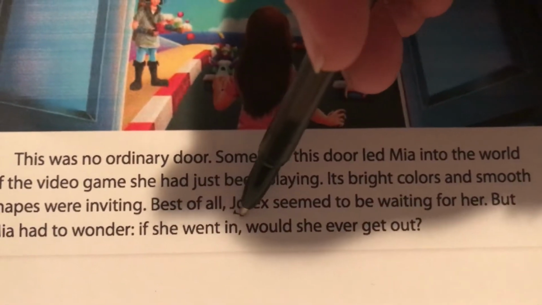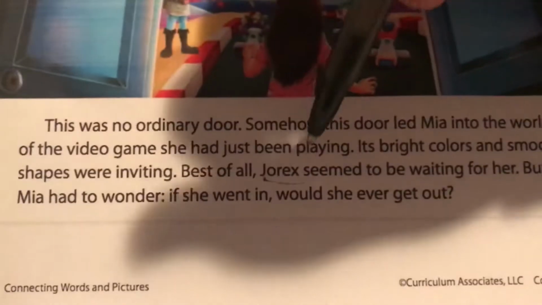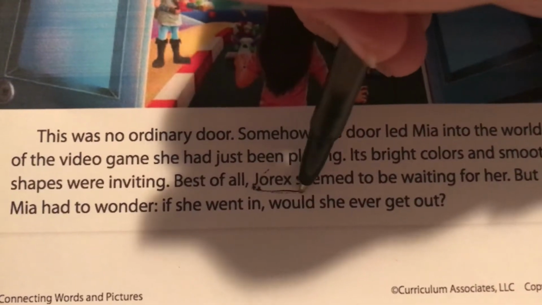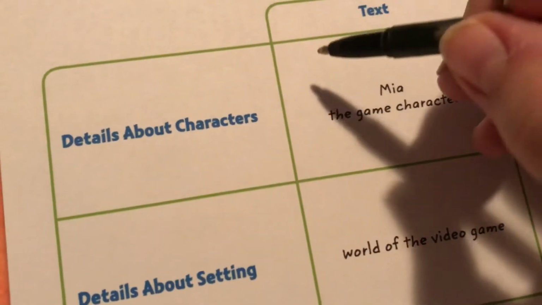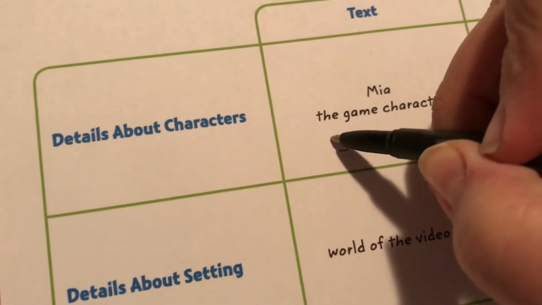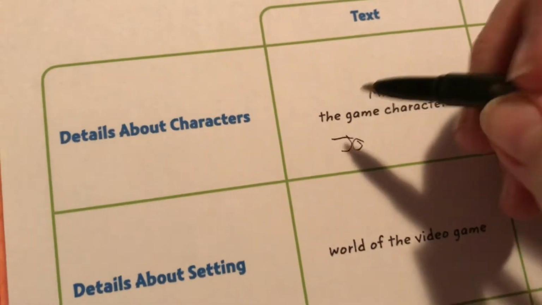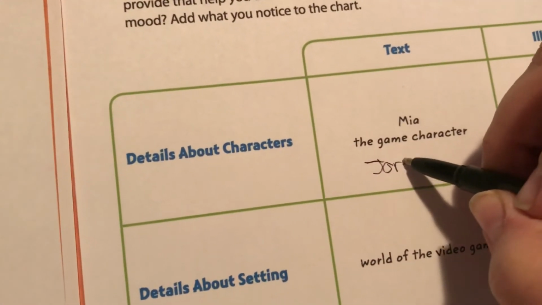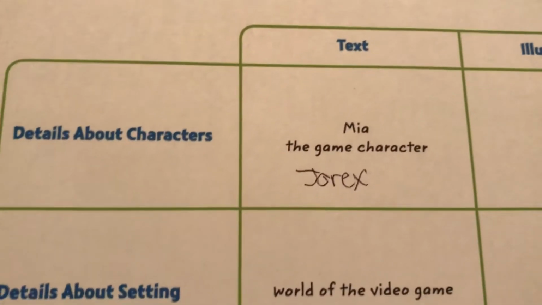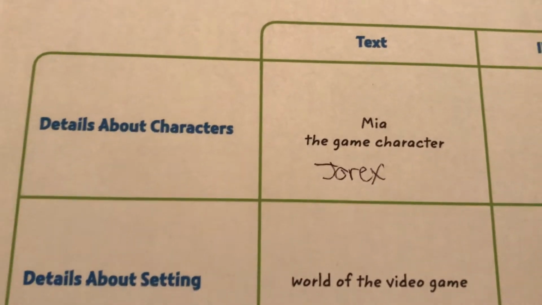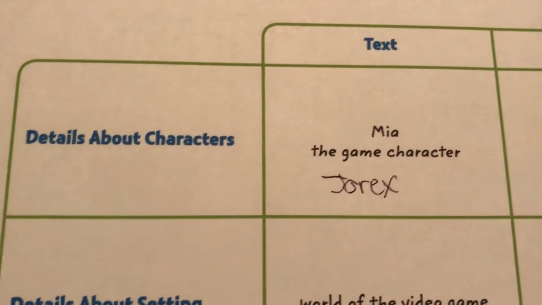So we're going to underline that, Jorax. Then we want to add it in our chart, because we always want to add a little bit more detail. So we're going to write Jorax on the line. That's another detail about our character based on the text.